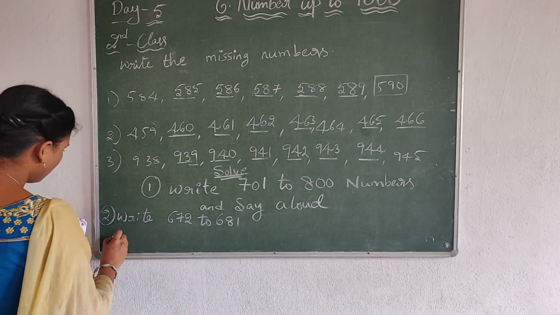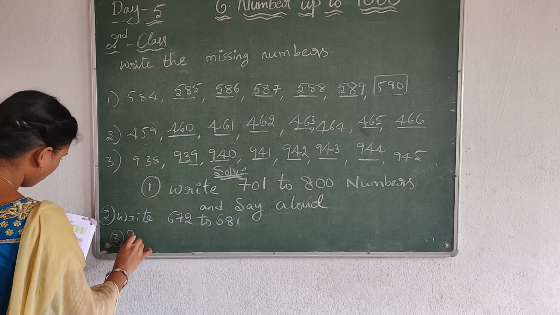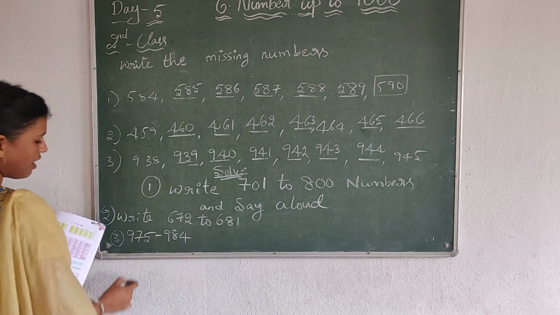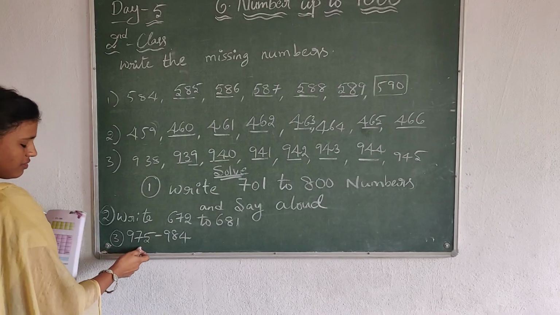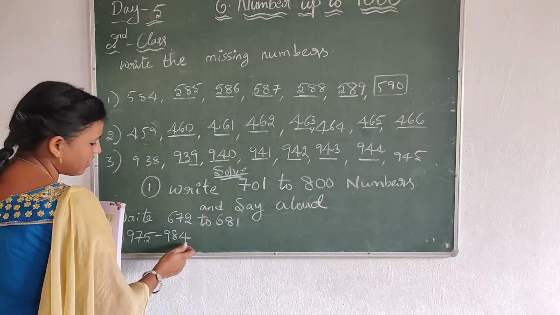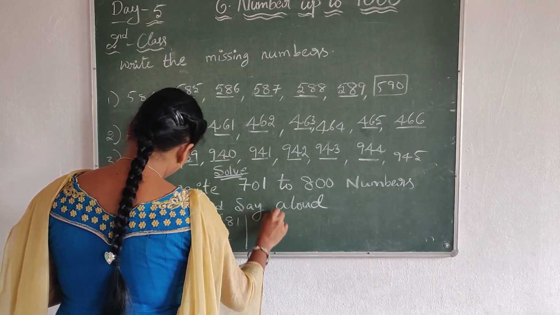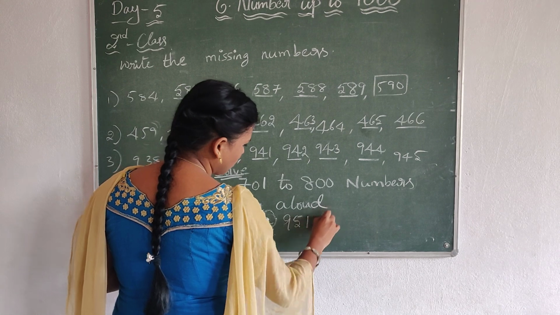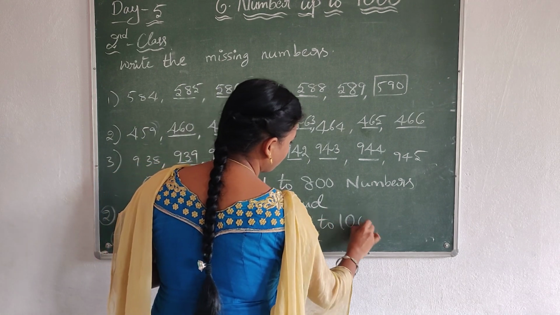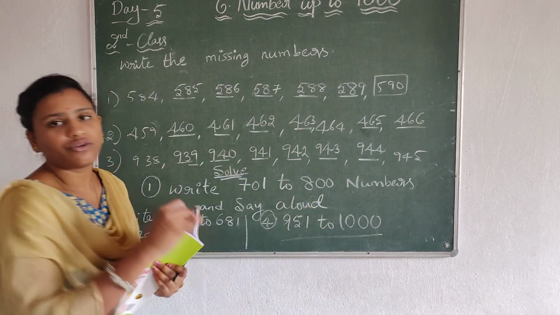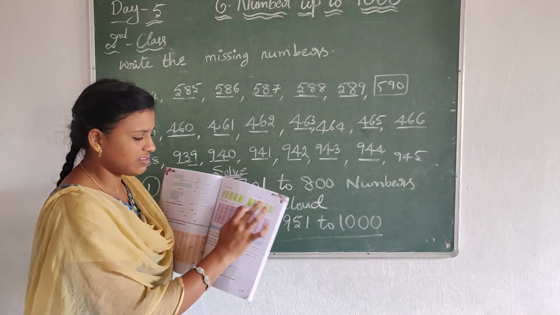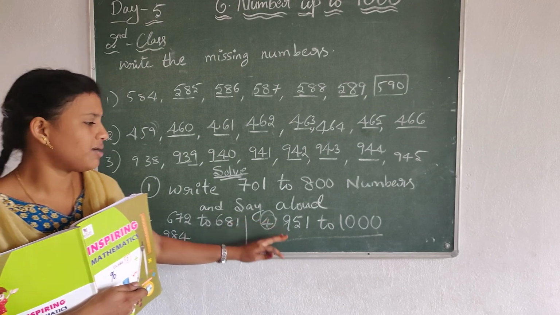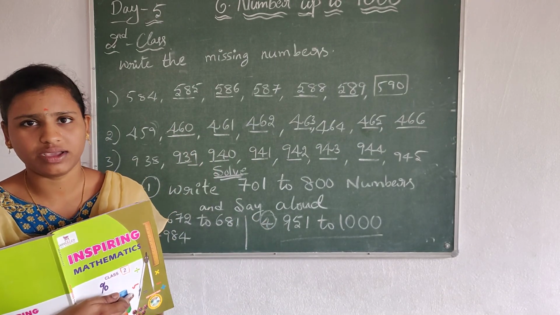Next, the third one. Write from 975 to 984. And the fourth one is write down 951 to 1000 numbers. Write down in these boxes or in your notebook, wherever you like, and read very loudly.